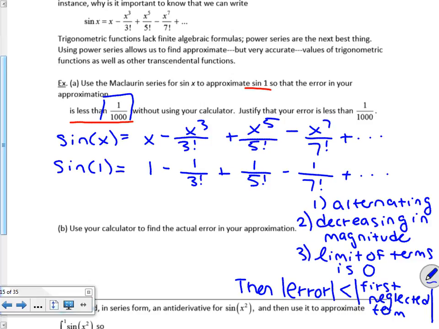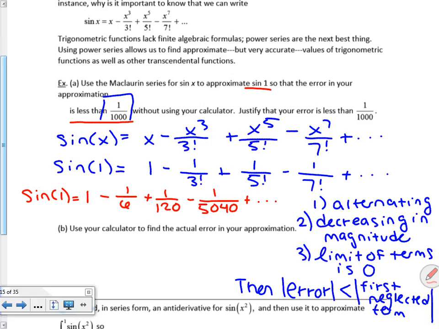Well, the first neglected term is the first term in our series that is relatively insignificant. So if I don't know the value of each of these factorials, maybe I should write them out to figure out which of these is relatively small. So if I'm writing out factorials, I have that sine of 1 is equal to 1 minus 1 over 6 plus 1 over 120 minus 1 over 5,040, and so on and so forth.